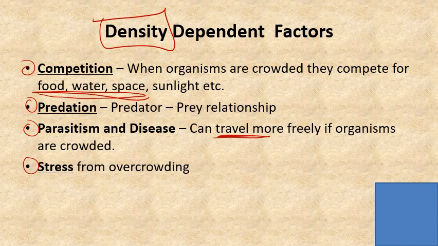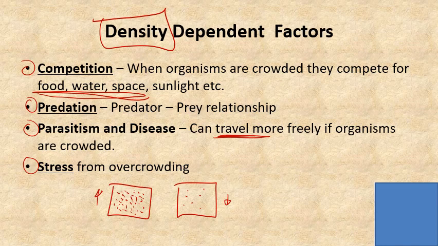When you're trying to think about it, think about, okay, if I have an extraordinarily dense population, lots of individuals, lots of trees in an area, lots of grasses, fungi, animals, whatever it is, and I compare it to an area that's very sparsely populated. And if you can say, okay, there's going to be greater competition here than there, well, then that depends upon density. If I'm a predator and I'm going to be easier to eat in this dense area, that depends upon density. A parasite, more easily passed.